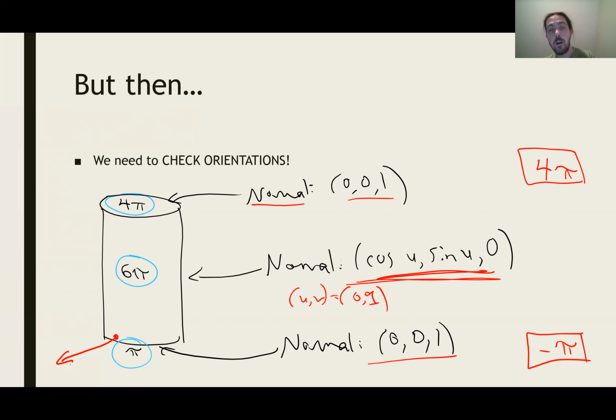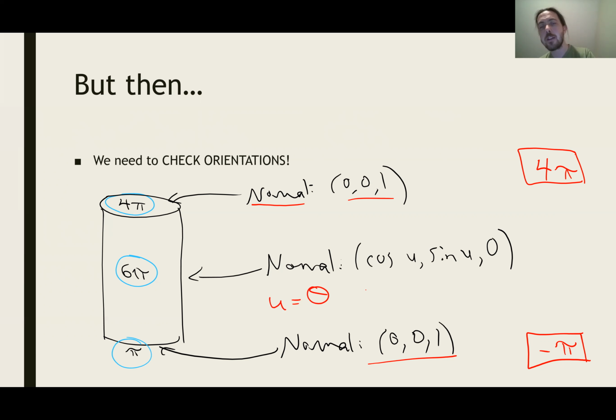So I could just plug in one point, and that could be used to tell me what the normal vector is. Or I could instead use some understanding of what I was doing with cylindrical coordinates. I was saying u is basically equal to theta and v is equal to z. So as u increases, I move around in a counterclockwise direction, and as v increases, I move upwards.